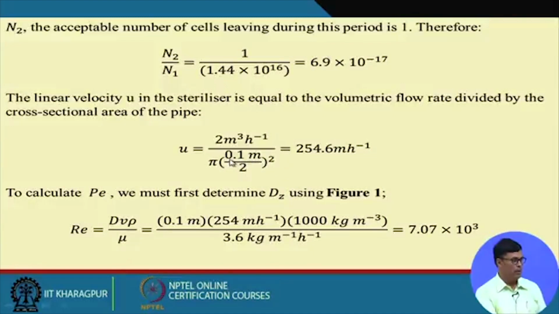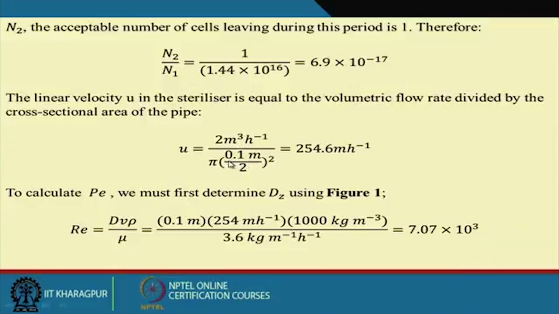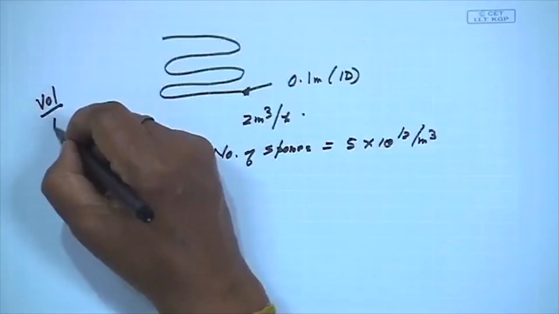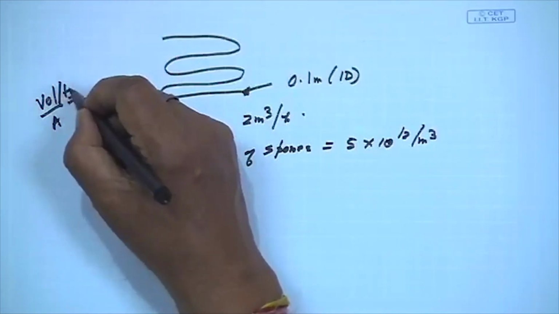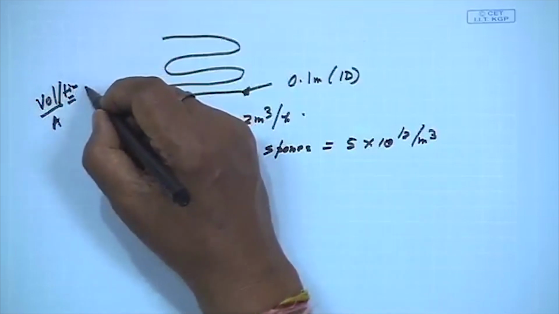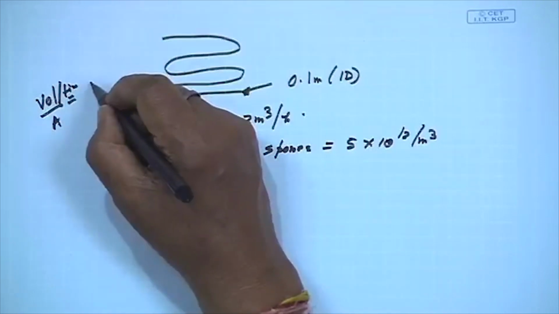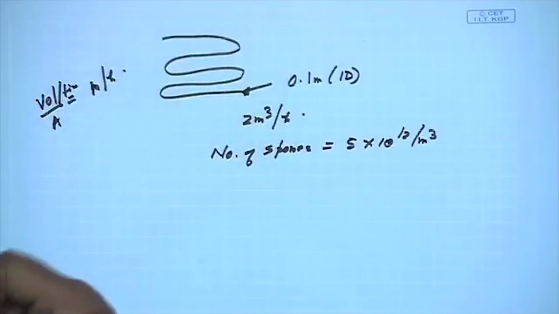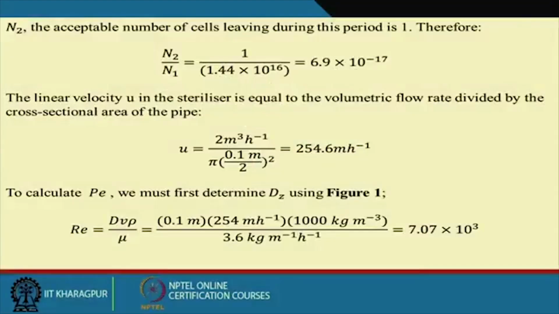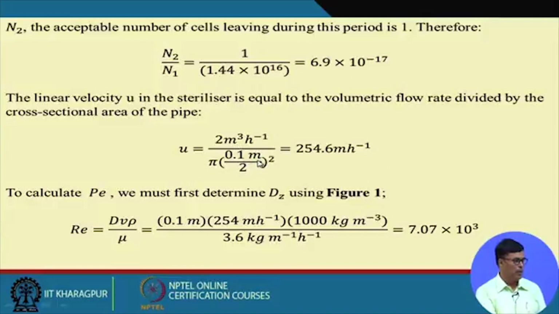If you divide the flow rate, which is volume per unit time, by the cross sectional area, what will you get? Meter cubed per hour divided by meter square gives meter per hour, that is length per hour. So velocity you can easily find out.